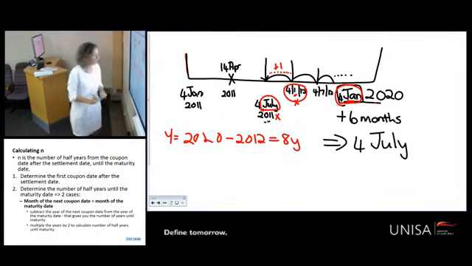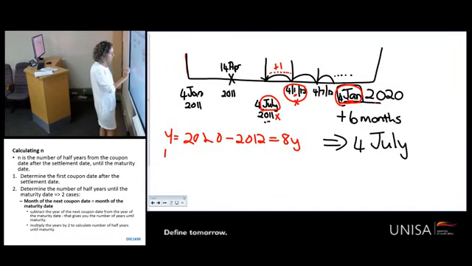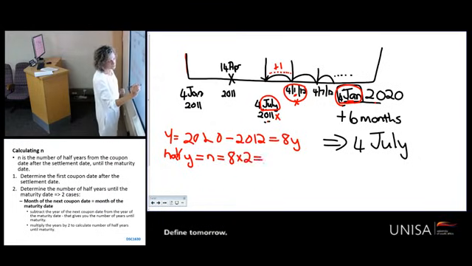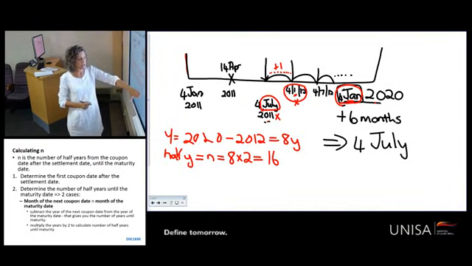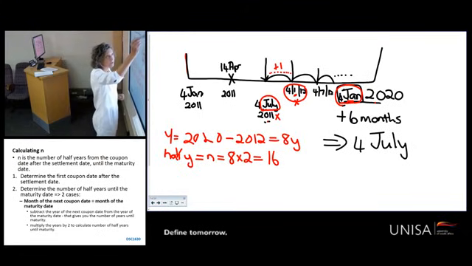But I want half years. So half years, or your n value, is then 8 times 2, which gives you 16. So its n value is 16, 16 half years from the next coupon date to the last. But what happened? We ignored this one so that we could have the same date that we can just subtract.